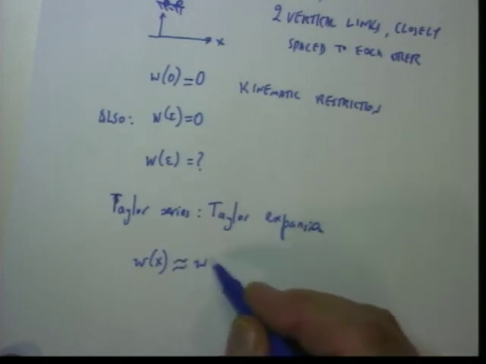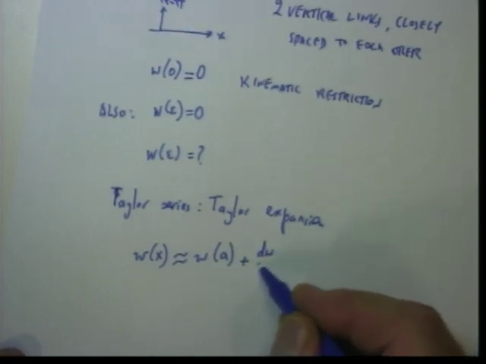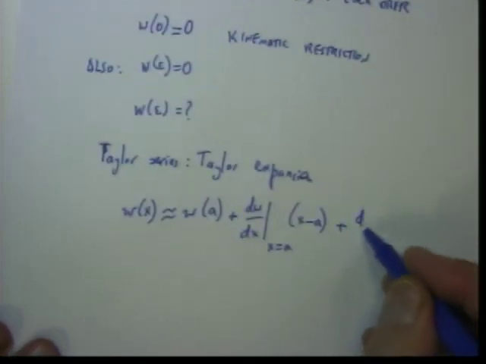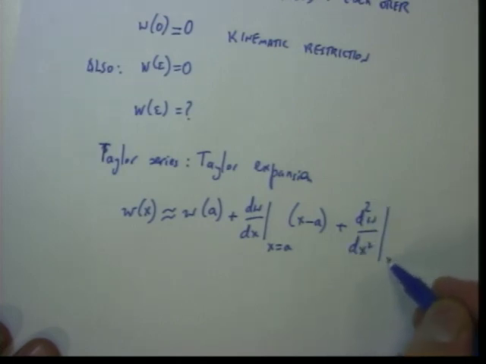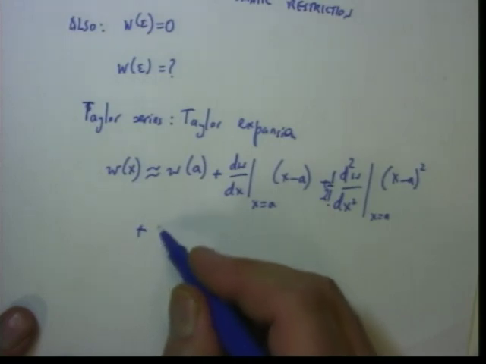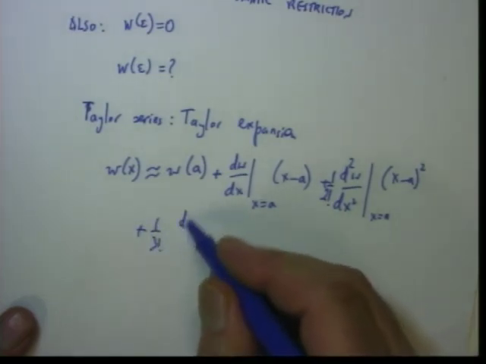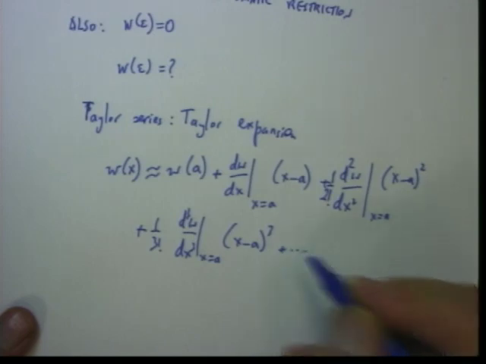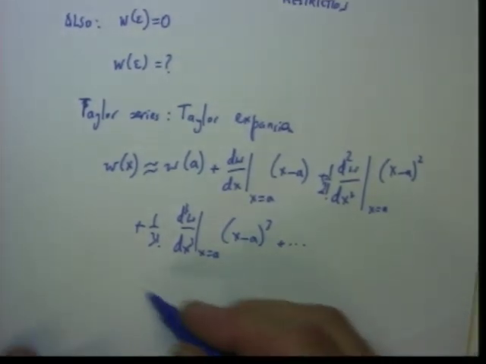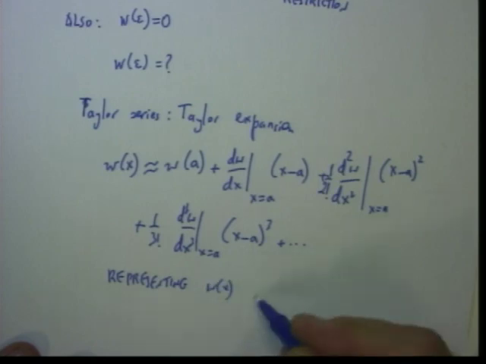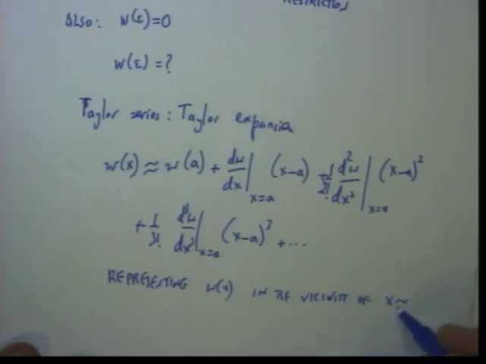So W of x equals W at A plus dW dx at x equals A times (x minus A), plus d2W dx squared at x equals A times (x minus A) squared, divided by 2 factorial, plus, if you want, 1 over 3 factorial d3W dx cubed at x equals A times (x minus A) cubed, etc. So that is representing W of x in the vicinity of x approximately A.